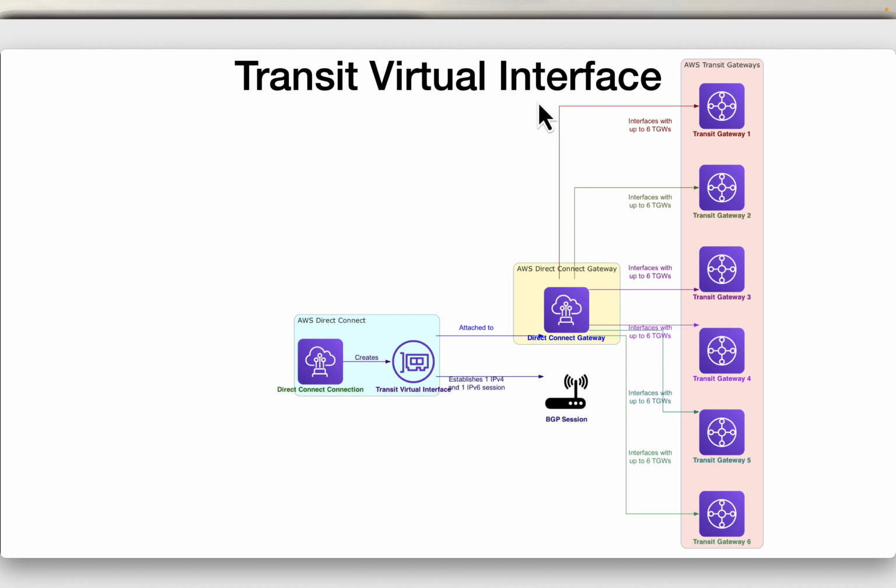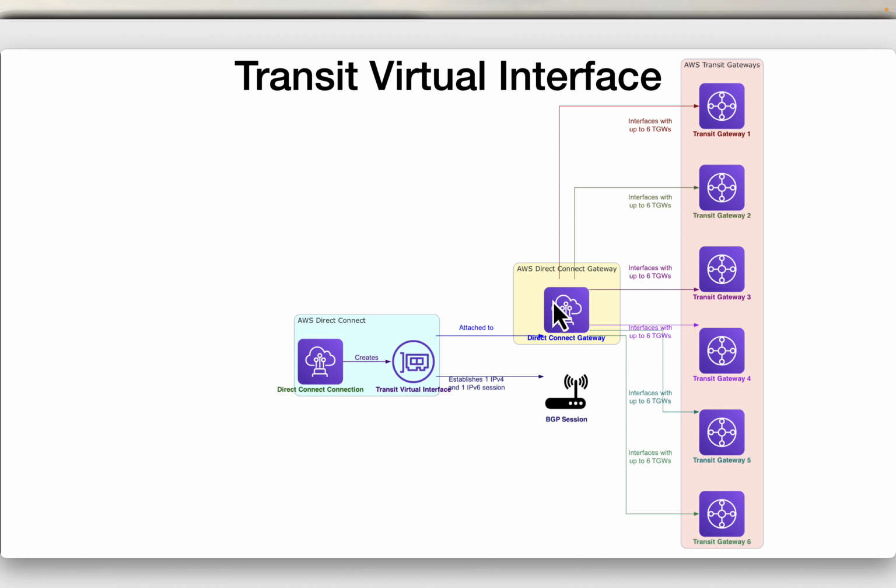You can use an AWS Direct Connect gateway attached with one or more transit virtual interfaces to interface with up to 6 AWS transit gateways in any supported AWS regions. And similar to the private virtual interface, you can establish one IPv4 BGP session and one IPv6 BGP session over a single transit virtual interface.